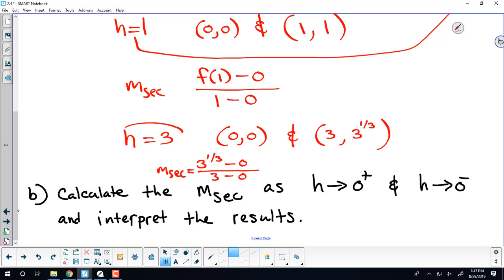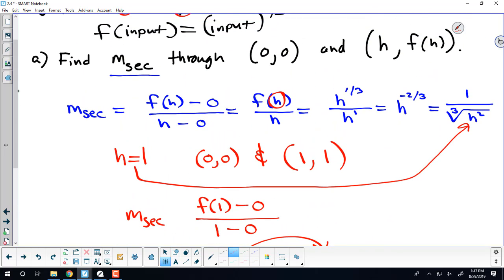Instead, what we have is a formula. Think of h as just a distance that you are from 0. So from here to here, I've moved 3 units in the positive direction. h is 3. To compute the same secant line, all I have to do is plug 3 into this here. Is that clear? Clear as mud.